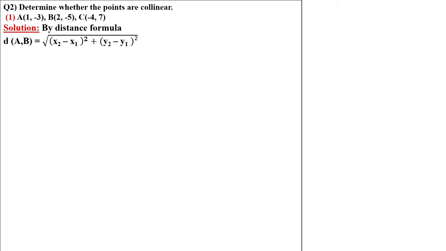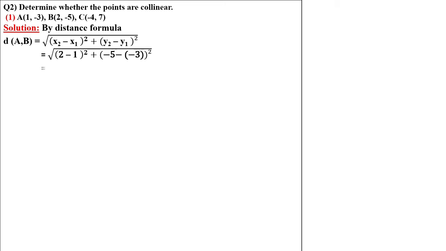So first of all we will take the distance between the points AB: under root (x2 minus x1) whole square plus (y2 minus y1) whole square. Substitute the values: x2 is 2, x1 is 1, y2 is minus 5 and y1 is minus 3.